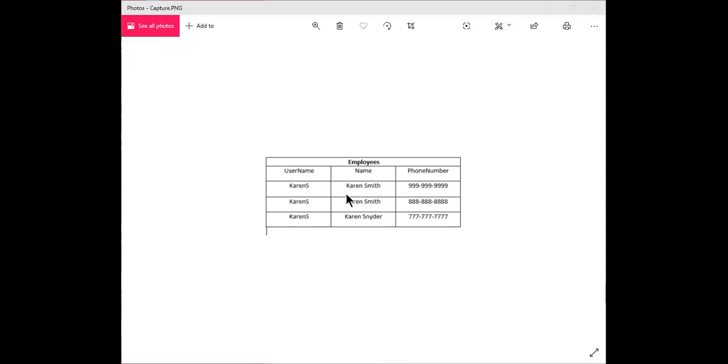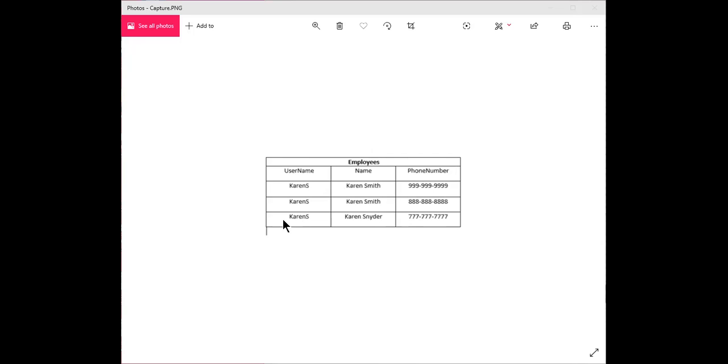So what would need to happen is you would need to create another table that outlines the data that is being repeated, which is multiple phone numbers.